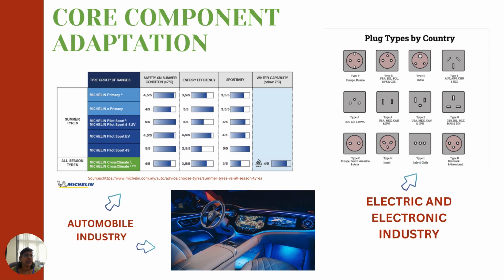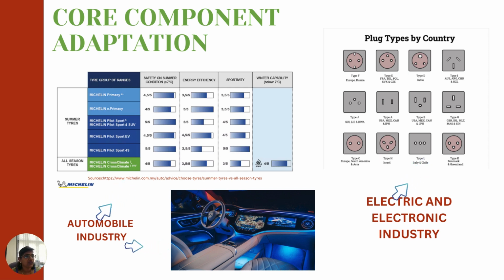done towards the product. Other than that, in terms of the tire, as we know, some countries have four seasons, while in Malaysia we only have one. In countries with four seasons, Michelin came out with a specific tire that you can use for all four seasons, so you do not need to change the tire each time the season changes.